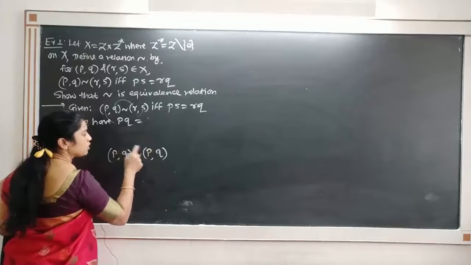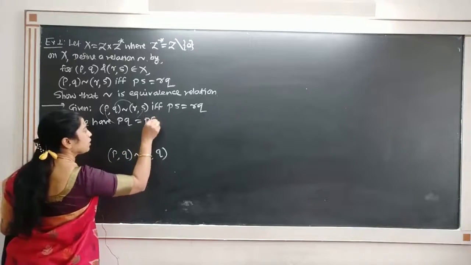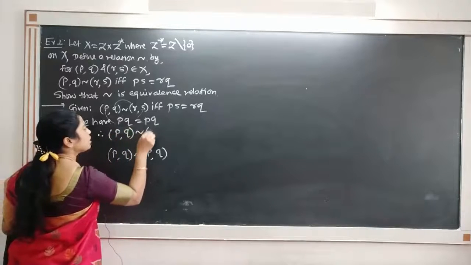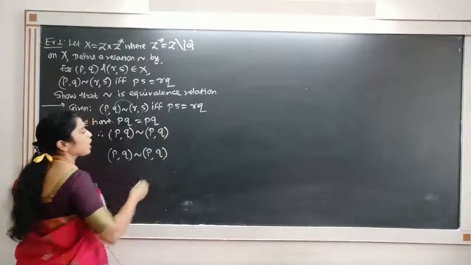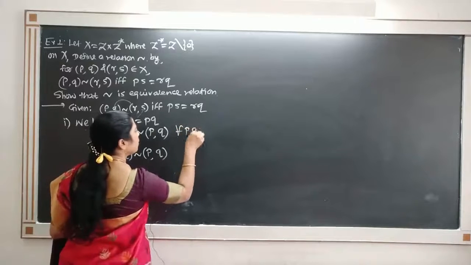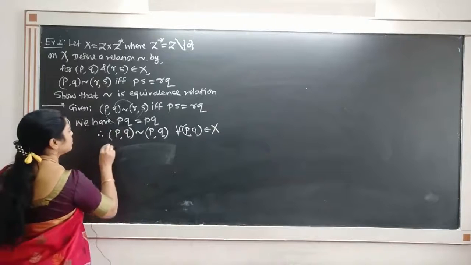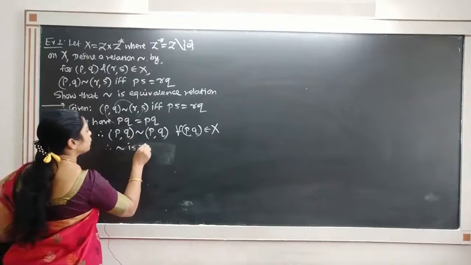Therefore the pair (p,q) is related to (p,q) for every pair (p,q) belonging to X, and hence this is a reflexive relation.